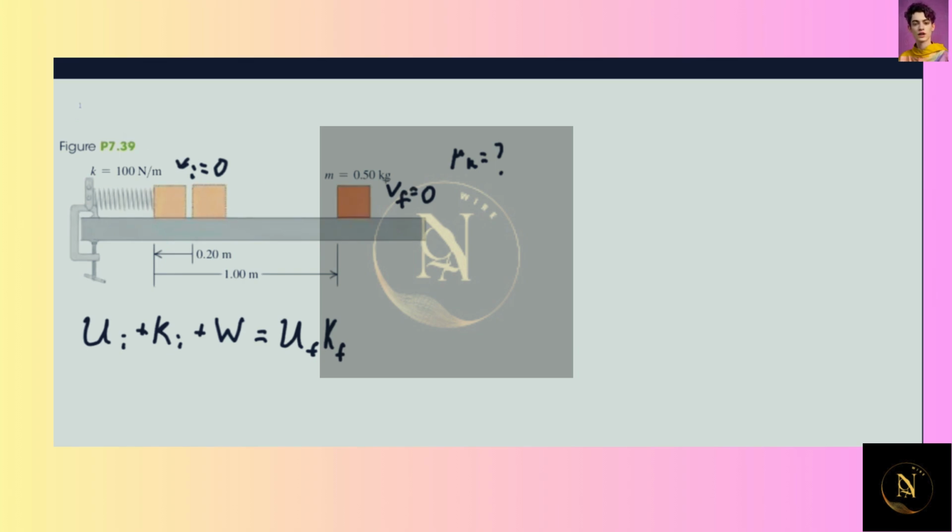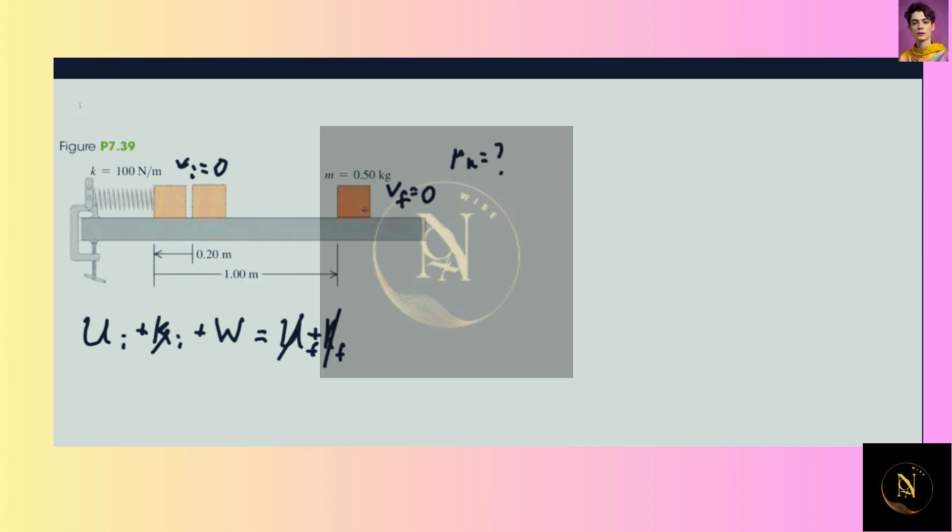Because the block is at rest in both the initial and the final states, there's no kinetic energy. The only thing in here that has any potential energy that we're concerned with, because this is horizontal and so there's no changes in the gravitational potential or anything like that, is the elastic energy in the spring.